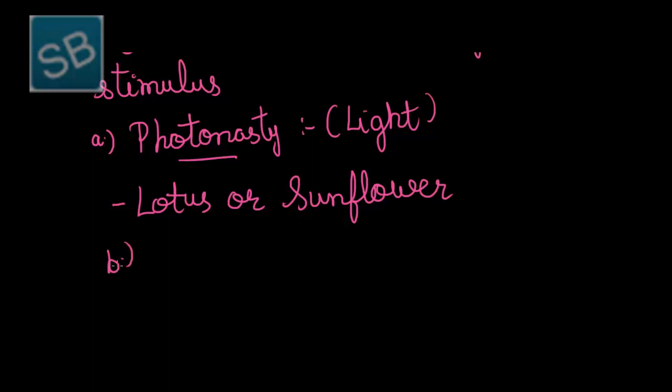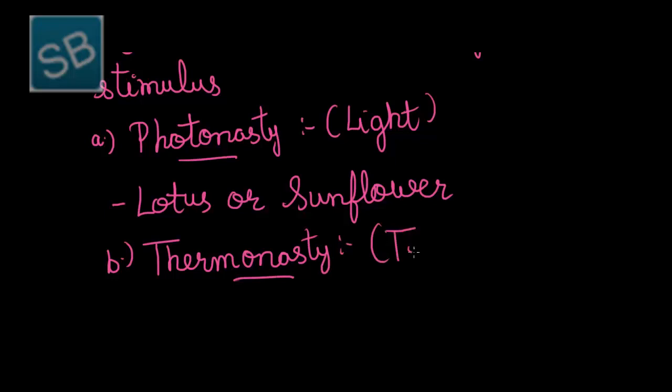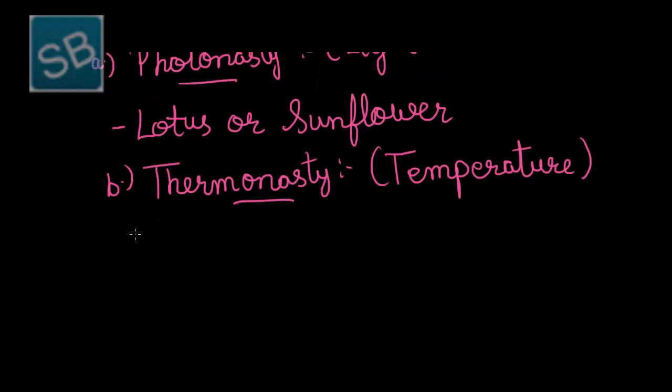The second type of movement is thermonasty. That is the nastic movement which takes place due to temperature change. For example, the crocus flower, which opens only at high temperature.